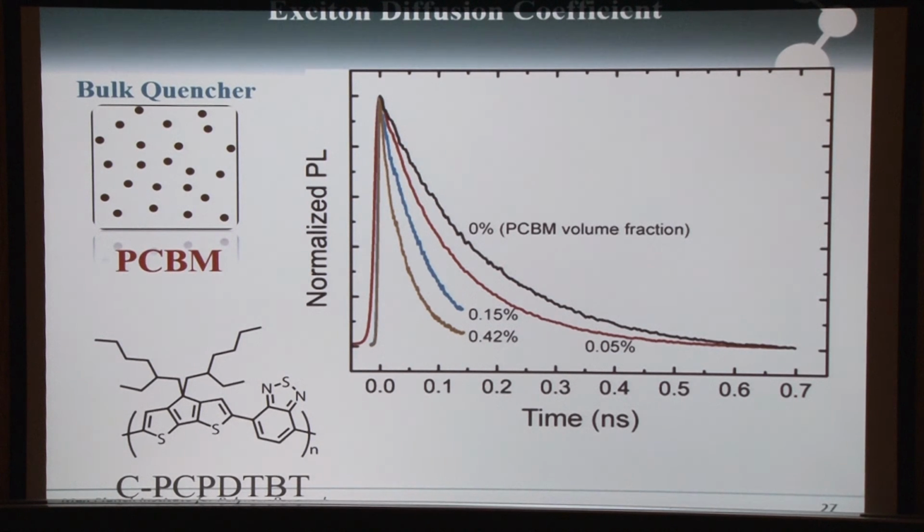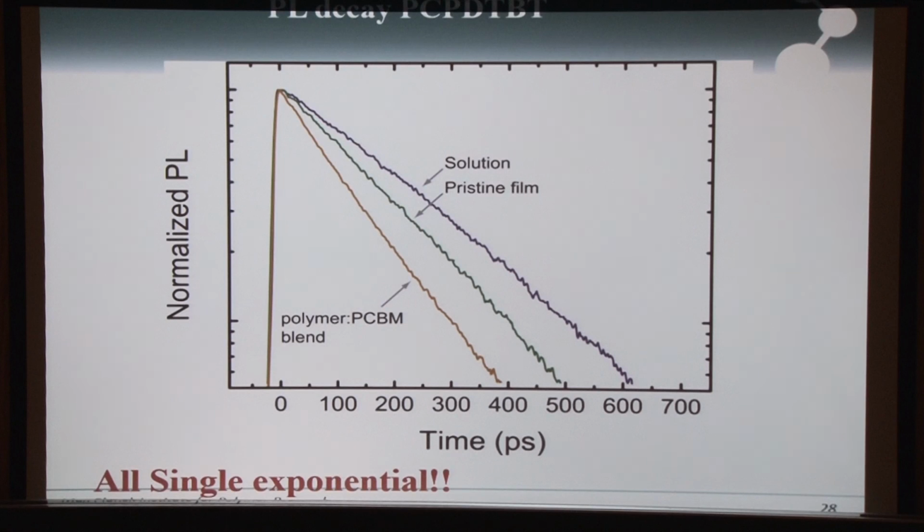What is important is that the PCBM will not form aggregates, because then it doesn't work. But you see that the concentrations we are using are very low. And this is then the experiment. You can measure in solution, you can measure the film, and you can measure the decay when you have a small amount of PCBM in it.